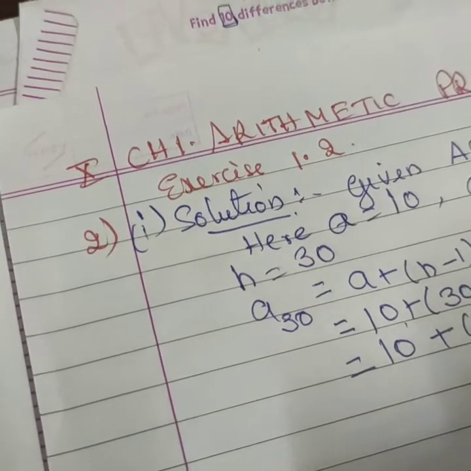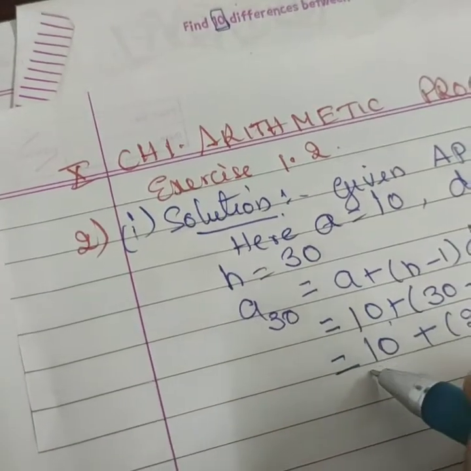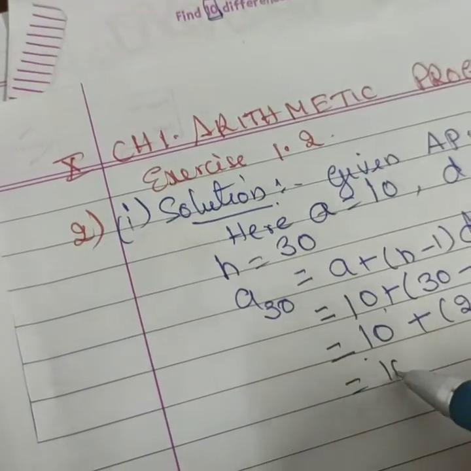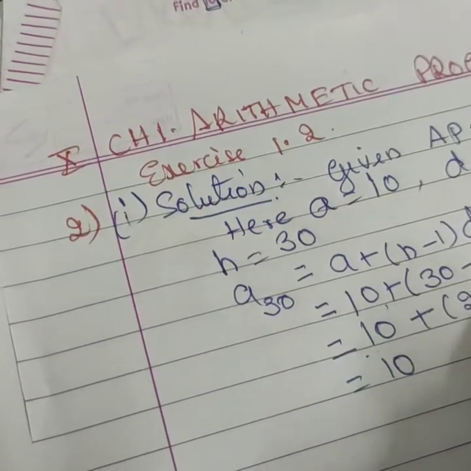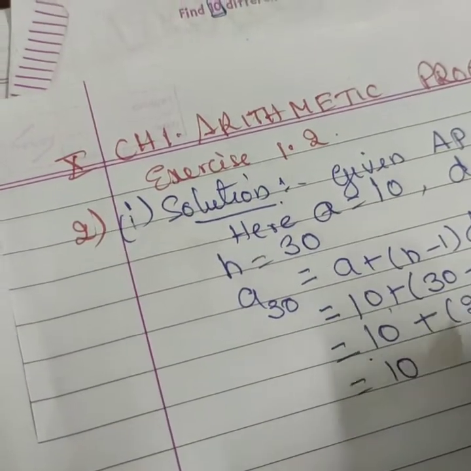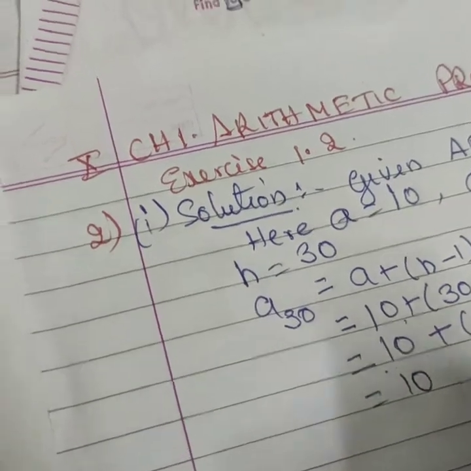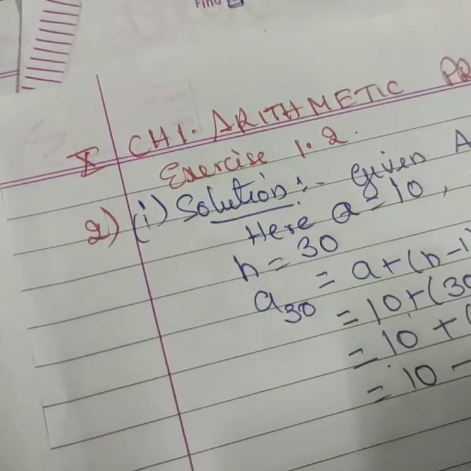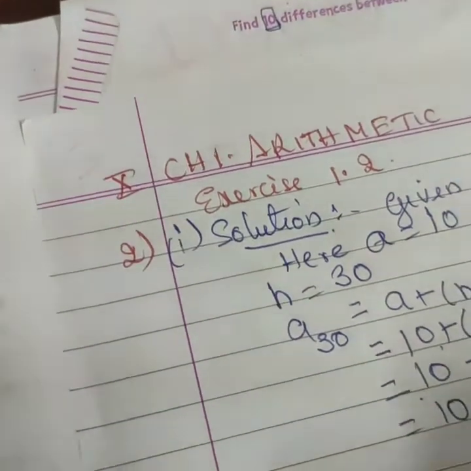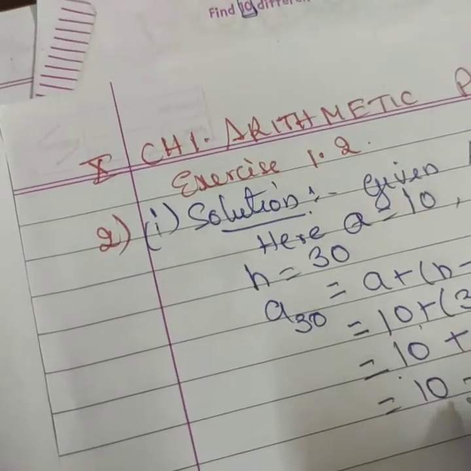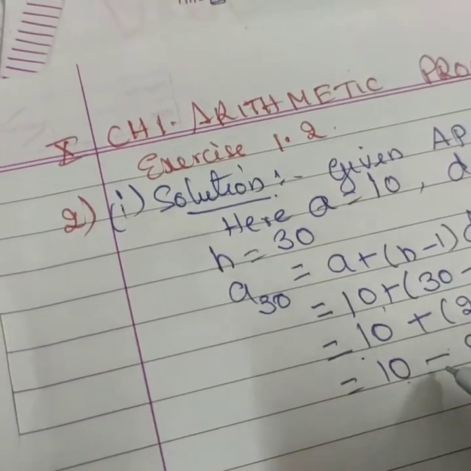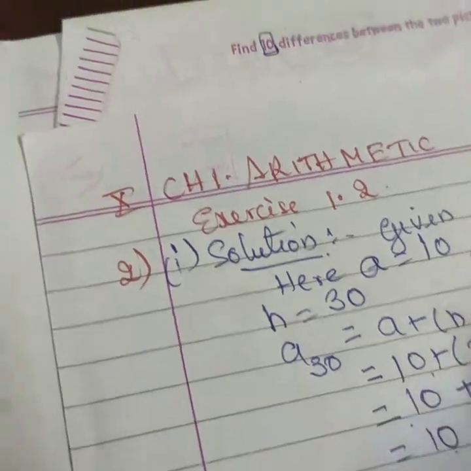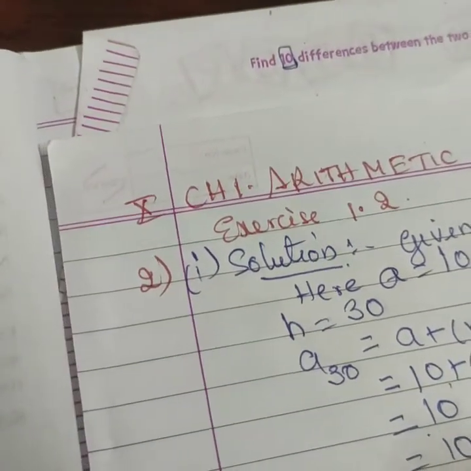What is 29 into minus 3? 3 nines are 27, and the sign will be minus. 3 twos are 6, plus 2 is 8, so you get 87 here. Then 10 minus 87 is equal to minus 77.